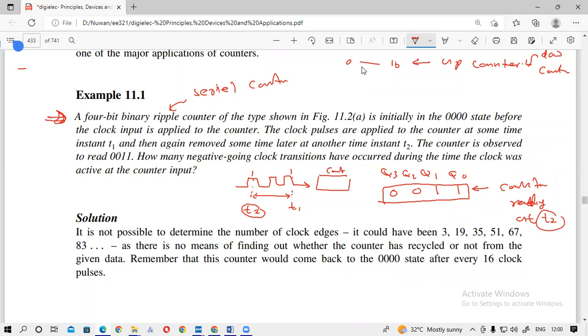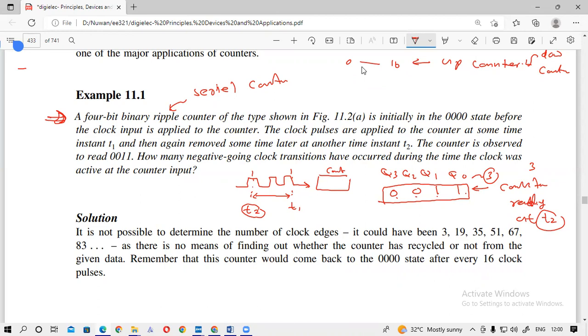How many negative-going clock transitions have occurred during the time the clock was active at the counter input? You can see that this happens when Q0, Q1, Q2, Q3 is like this. So this is 3, no? This should happen after the third clock count.